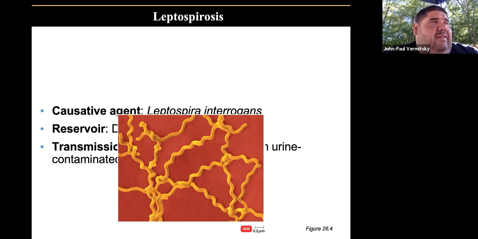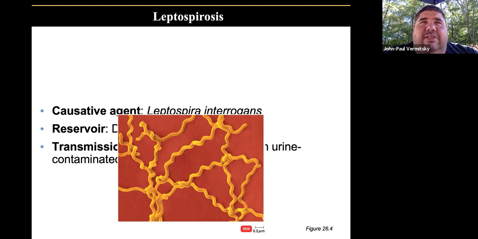Dogs can get this, especially if they're outside licking a urine-contaminated puddle, maybe one a rat has contaminated. This is a spirochete bacteria, as you can see in the picture here, which is blocking everything else. But humans can also get this.